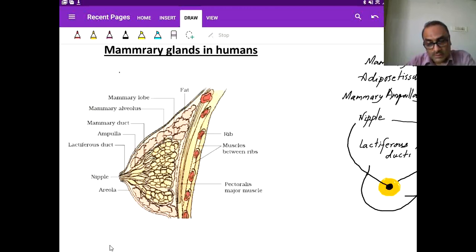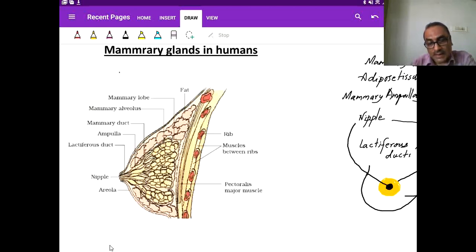Of course, an adult human female has a pair of mammary glands located in the chest region, and in a section, if you look at it, it is a gland which is modified from the sweat glands, and it's a skin gland. Remember, it is a skin gland.